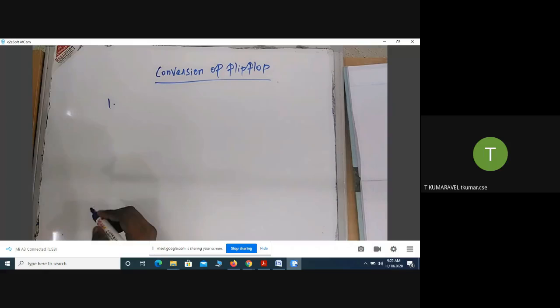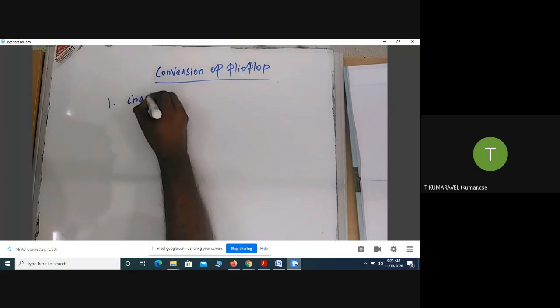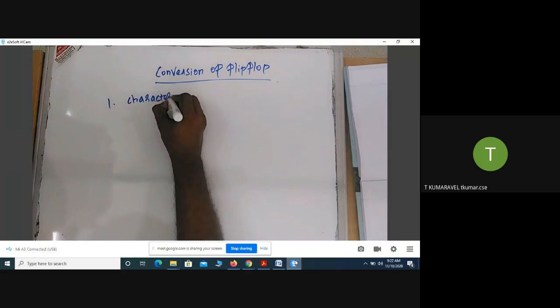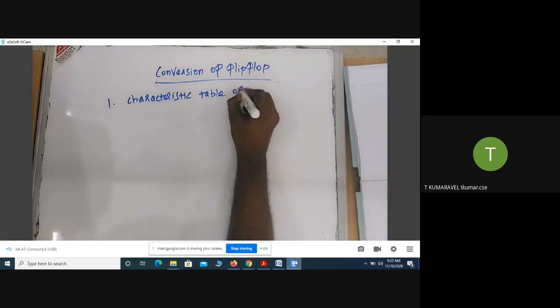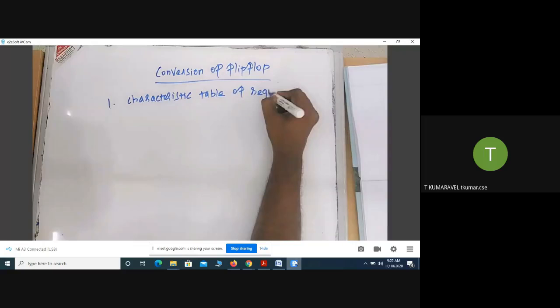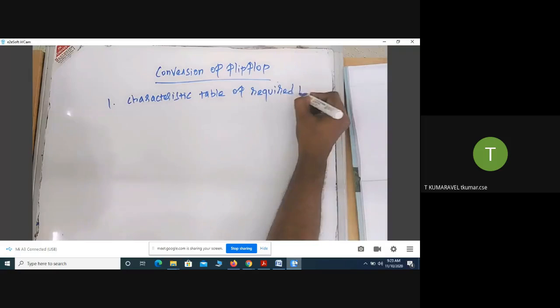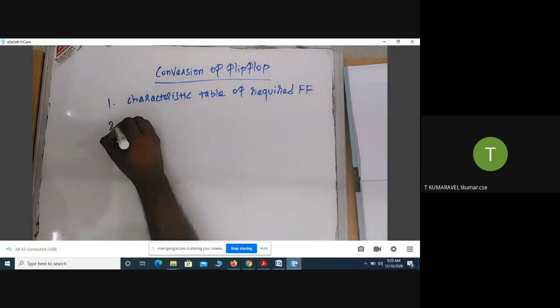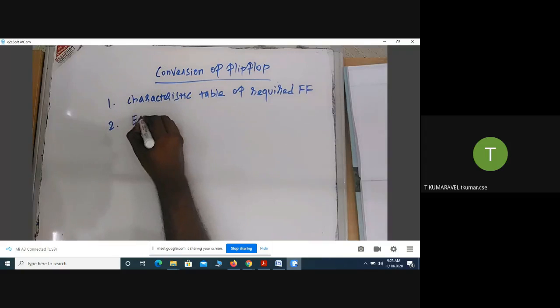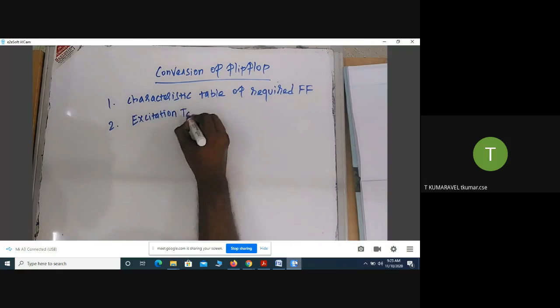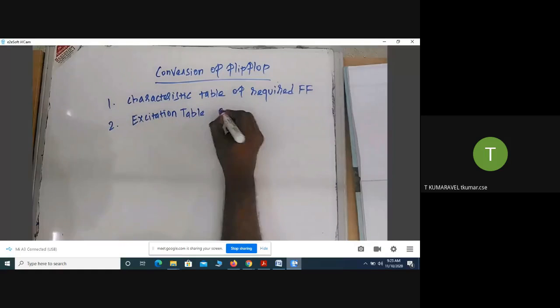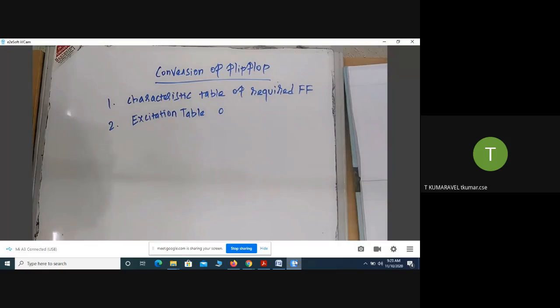One is the characteristic table of required flip-flop, and the second one is you need the excitation table of the existing flip-flop.